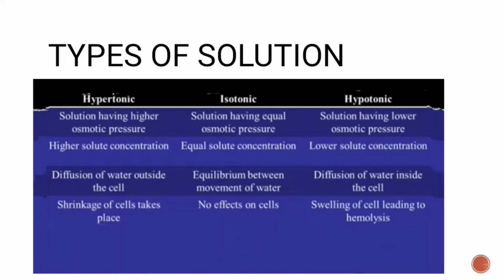And in the isotonic solution, since there is equilibrium in the movement of water, there is no net movement, and it does not change the shape of RBC. And in hypotonic solution, whenever RBC are exposed to the hypotonic solution, this results in diffusion of water inside the cell, and this results in swelling of the cell leading to hemolysis.